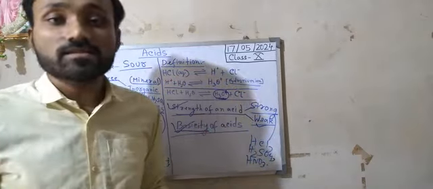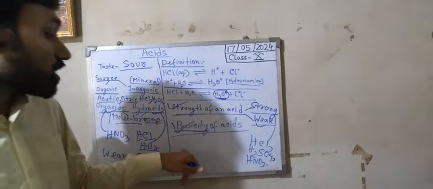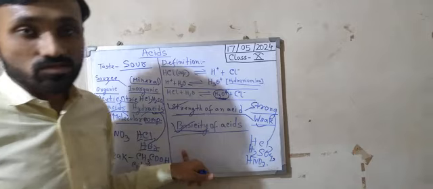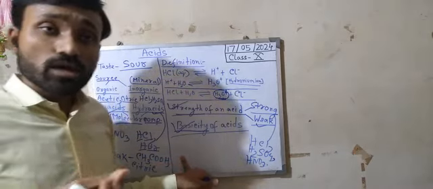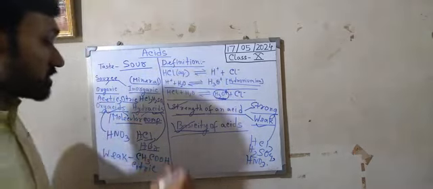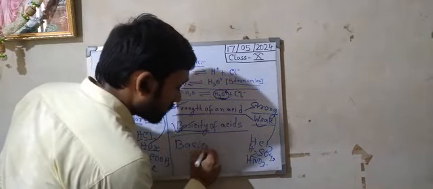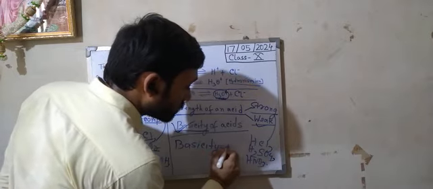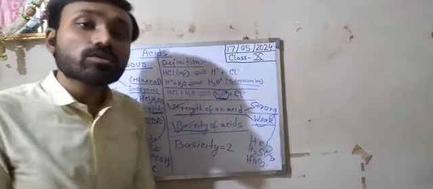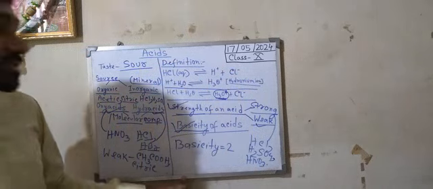So if one molecule of an acid in aqueous solution gives 2 H plus ions, then the basicity of that acid will be 2, and we will call that acid a dibasic acid.